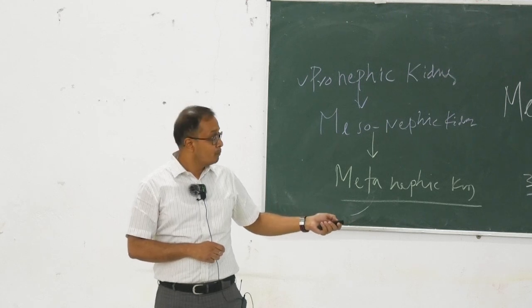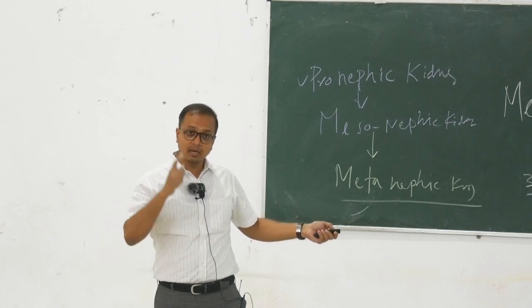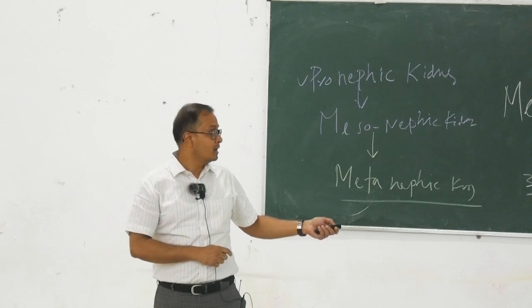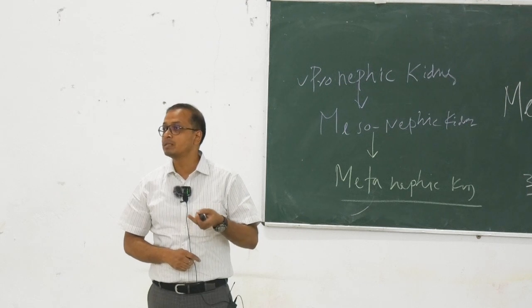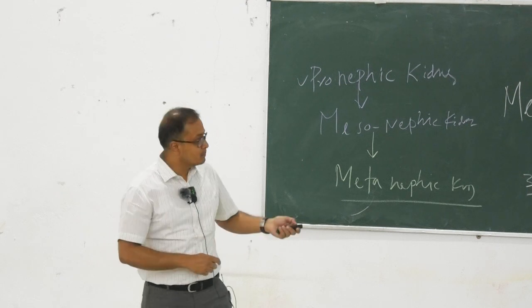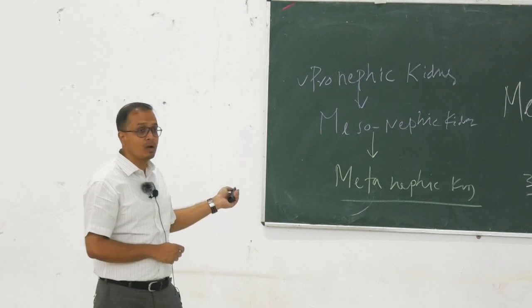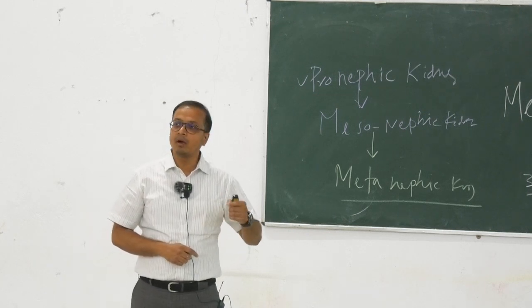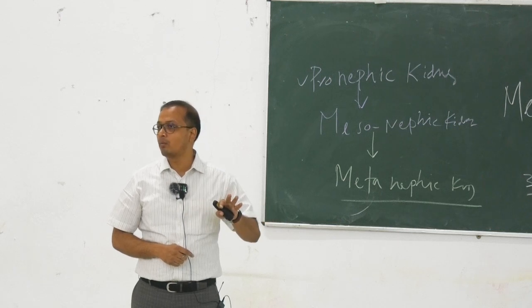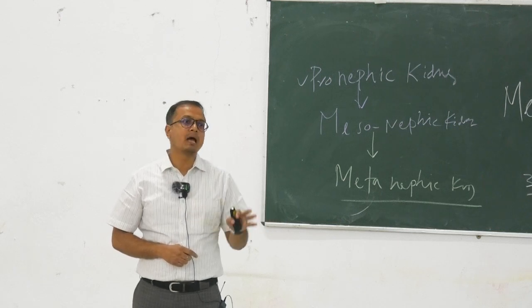So the pronephric kidney, which is kidney number 1, develops in the cervical region; we call it a cervical kidney. This oldest form, the pronephric kidney, is non-functional. It is yet to function, but it is discarded afterwards. So it appears to disappear.